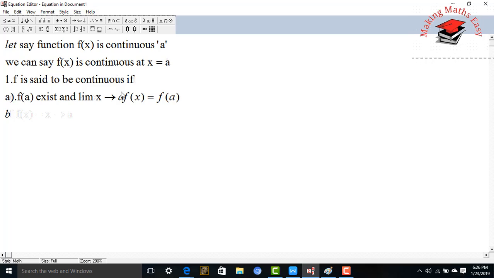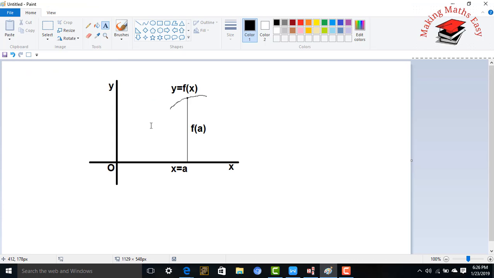And the second condition is about the negative and positive side. Let's say this is a, let us take an example of a graph. So this is our graph. In this case there are two major possibilities.